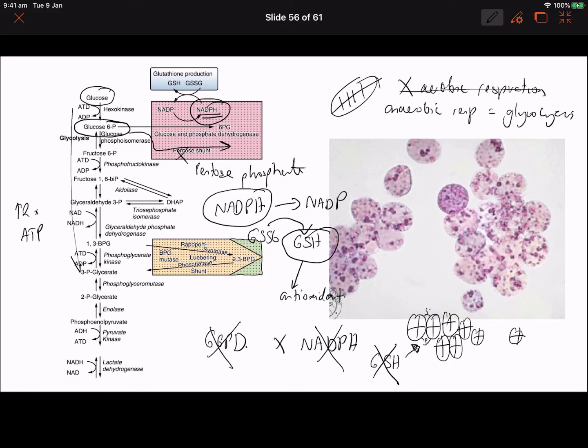And what you can see here is a blood film taken from a patient that has G6PD deficiency, and all these kind of nuclear bodies you can see are called Heinz bodies.